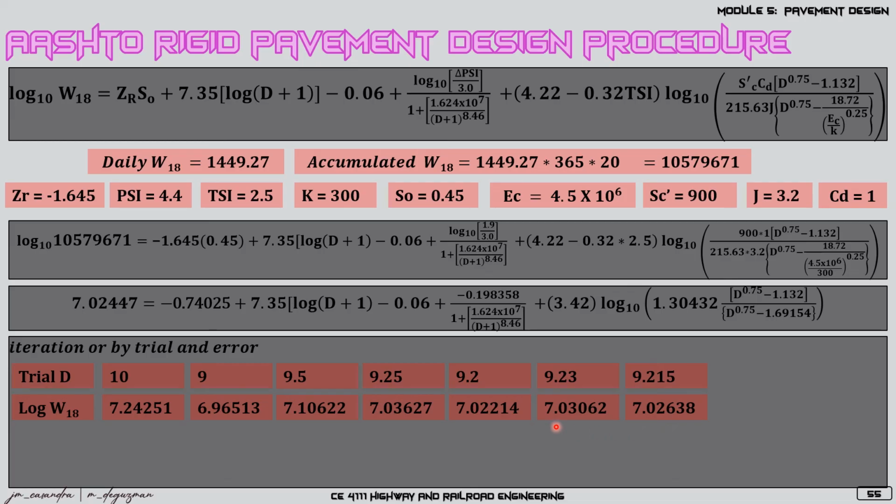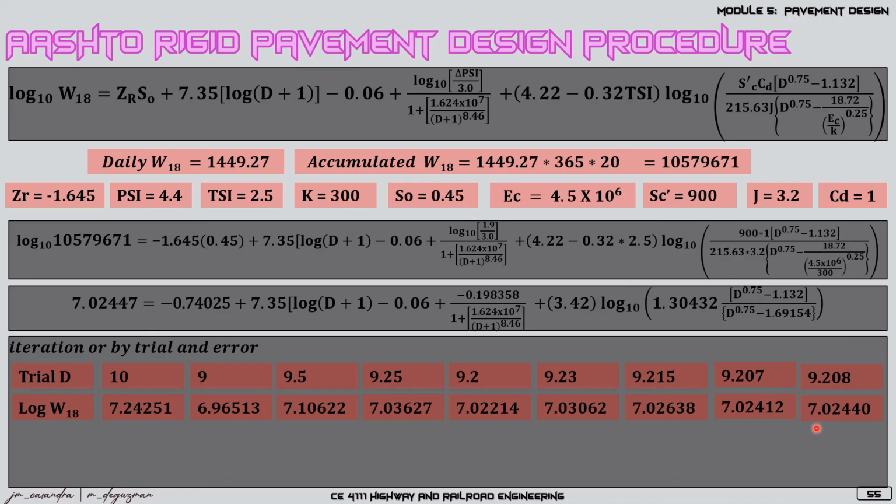We have between 9.215 and 9.2. So probably we could use 9.207. It will give us 7.02417. Furthermore, let's try 9.208, which is 7.02440.